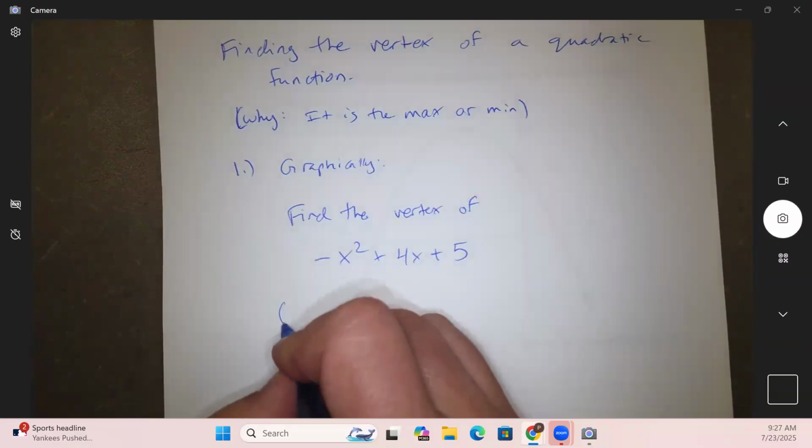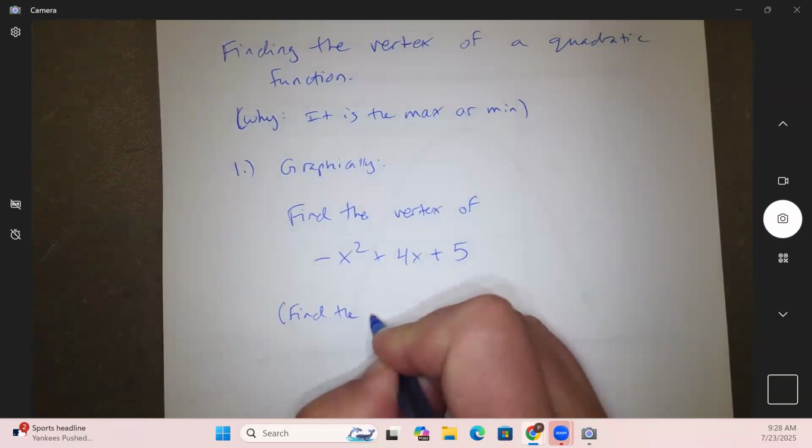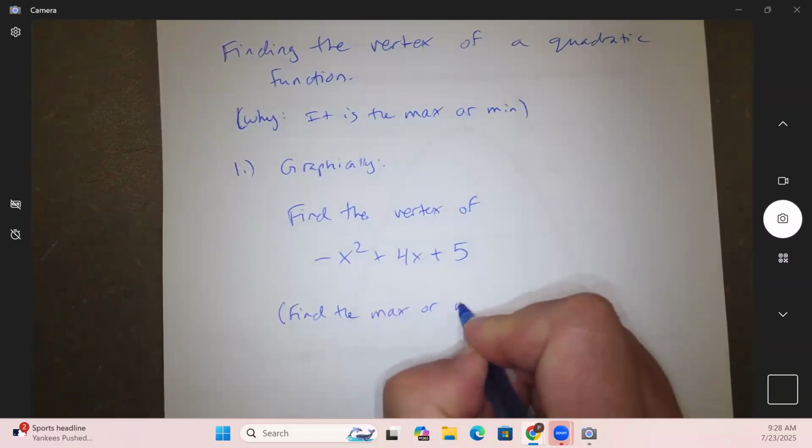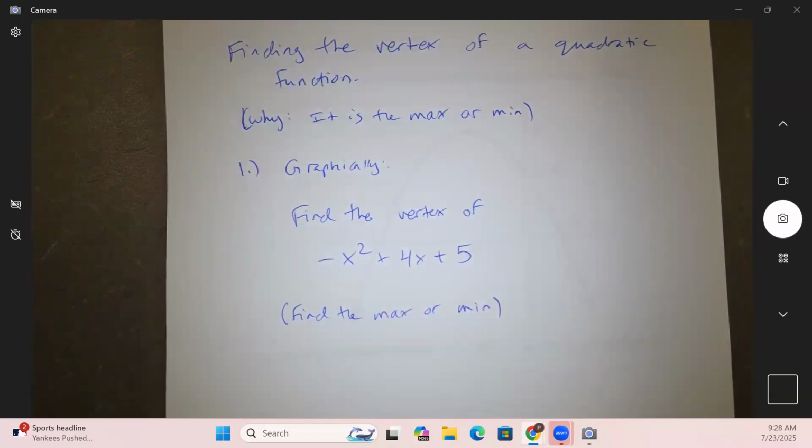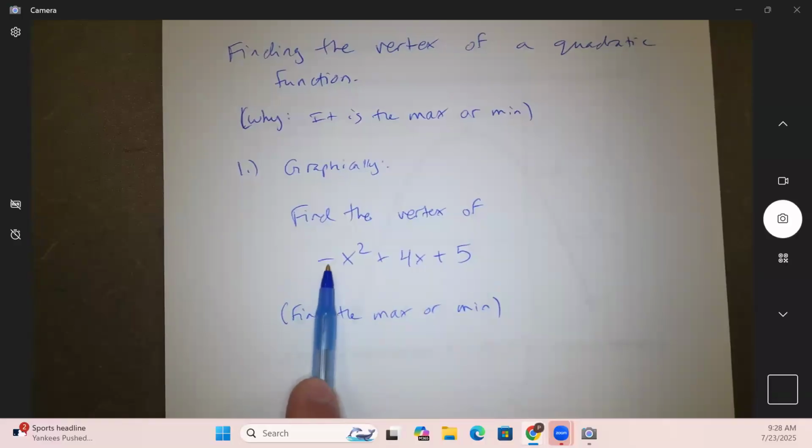All right, find the vertex. This means find the max or min, depending on if it's going to open up or open down. Does this one open up or open down? Down, because as x gets bigger, your values are going to get more negative. Yep.